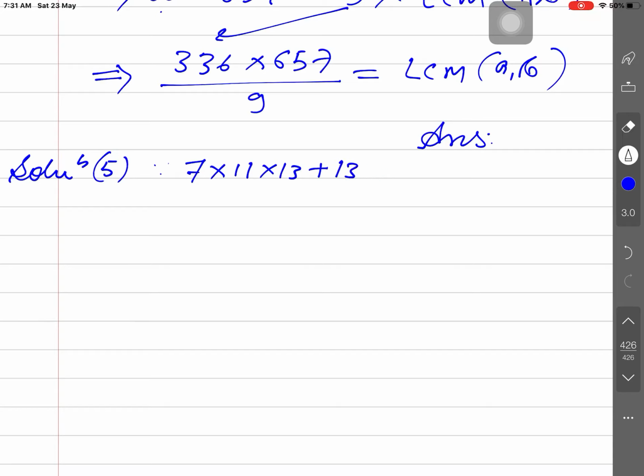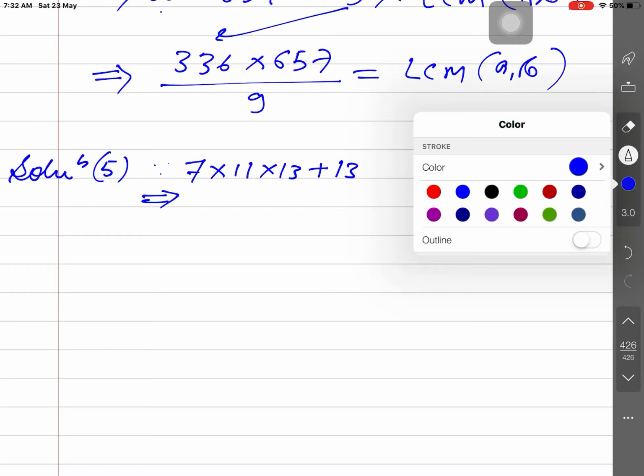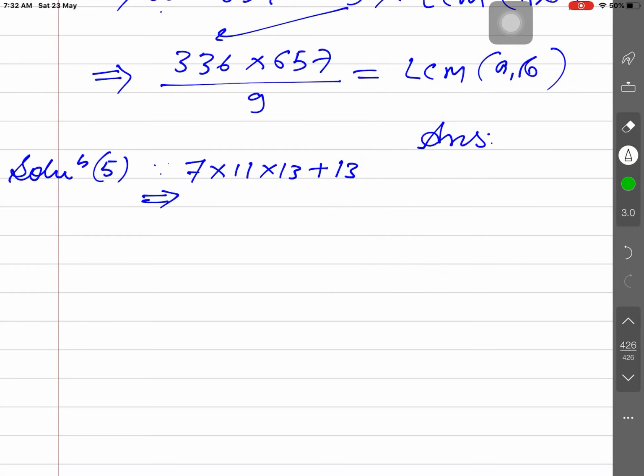Some students simply multiply 7 into 11 into 13 and write a composite number. No, it's not like that. You may see these are two terms according to algebra. It's one term and it's another term. A term means, after addition, every part is a term: one term, two terms, three terms. Addition makes the terms.